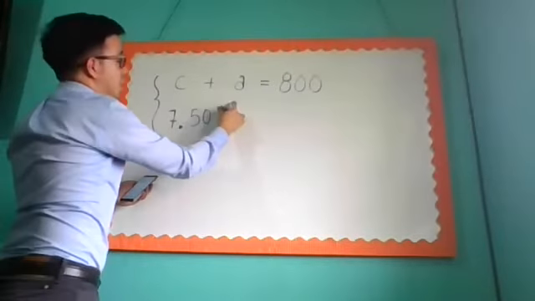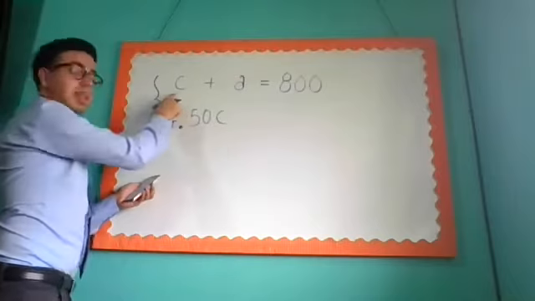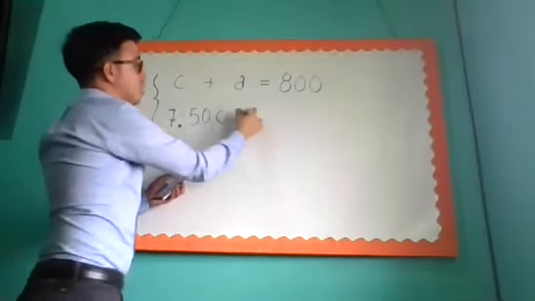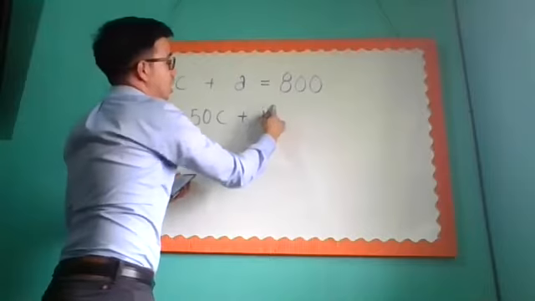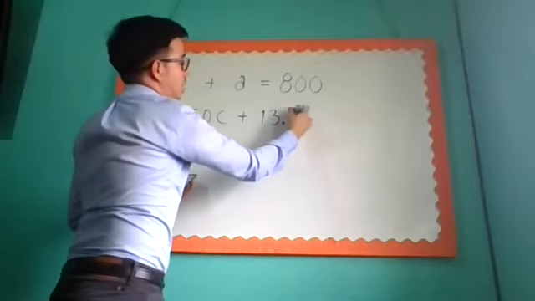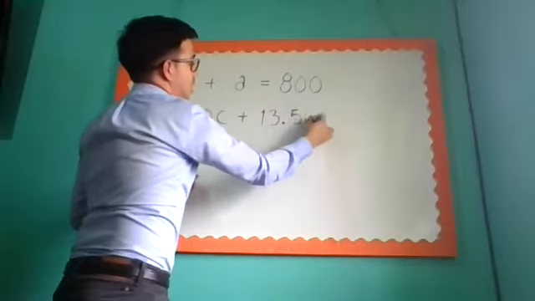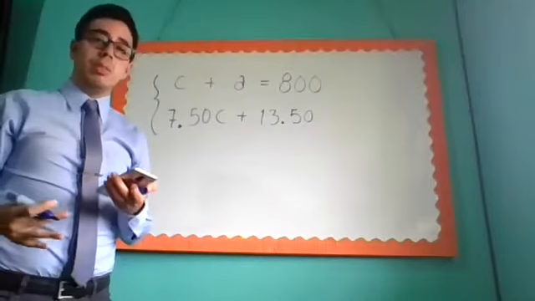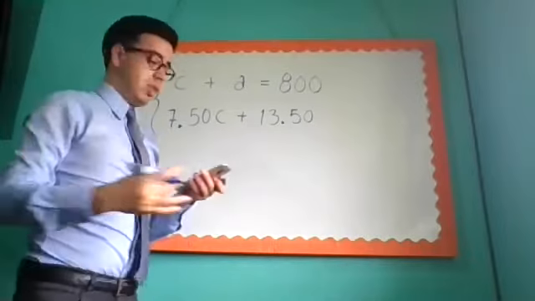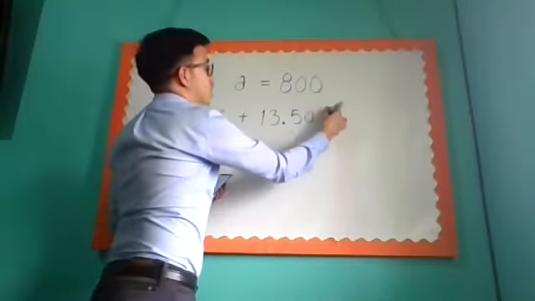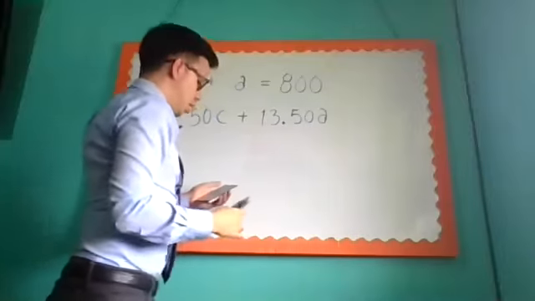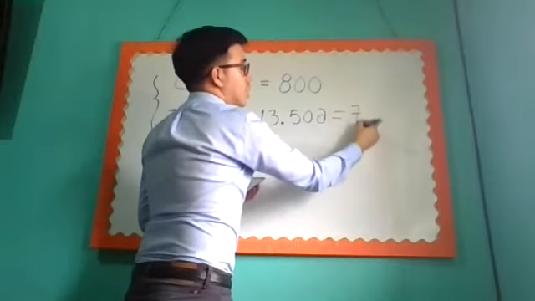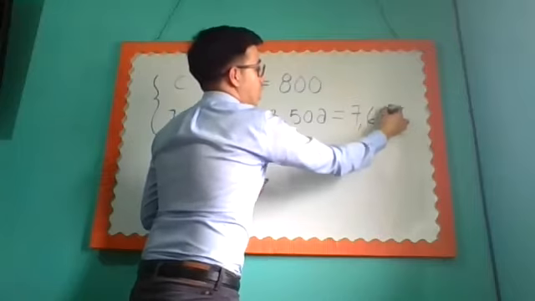So we multiply by the variable C that represents the children, plus 13.50. Remember, this is representing the price for each adult ticket, okay? And this is going to be equal to $7,680.